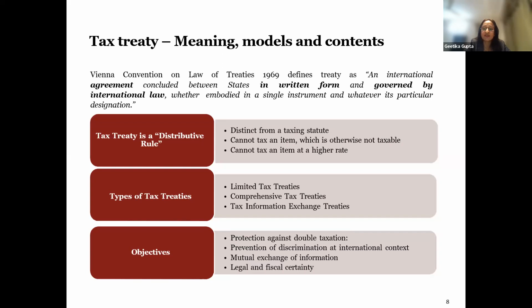The purpose of a TIEA is to promote international cooperation in tax matters through exchange of information between two jurisdictions. Again, the objective of the treaty is to protect against double taxation, prevention of discrimination in the international context, mutual exchange of information, and legal and fiscal certainty.